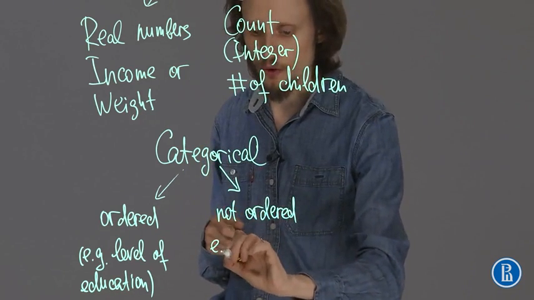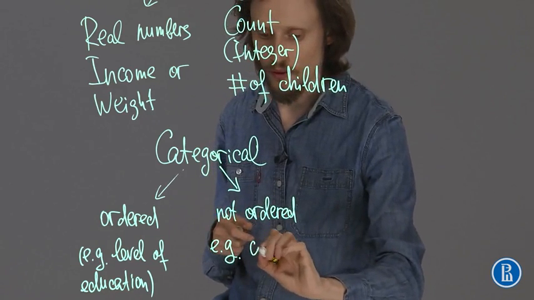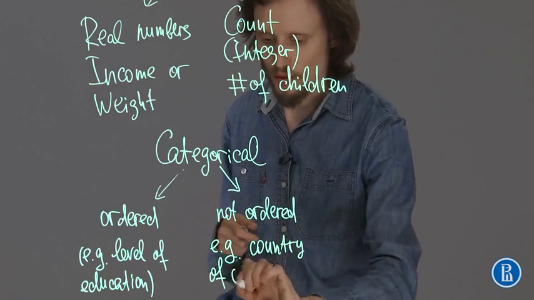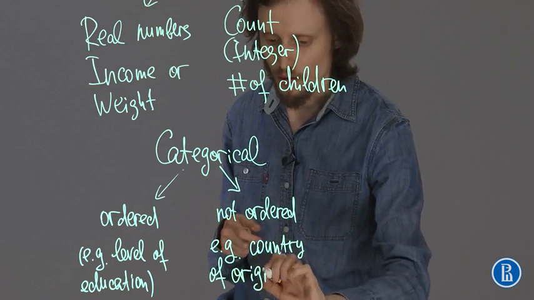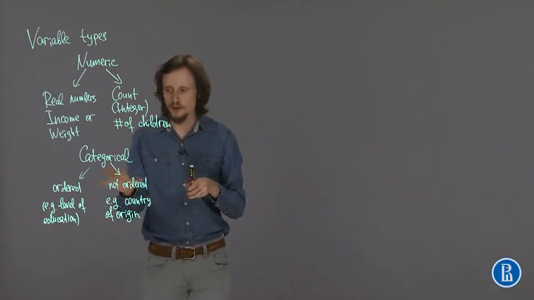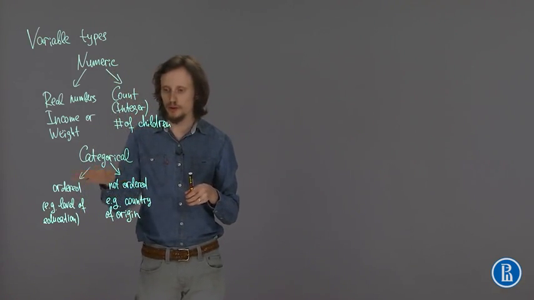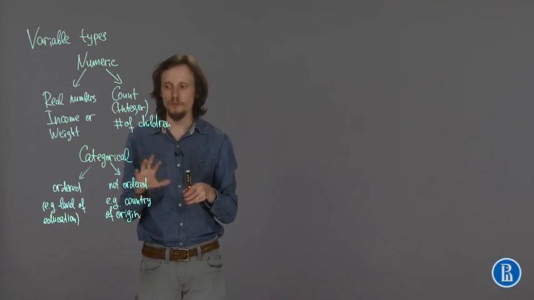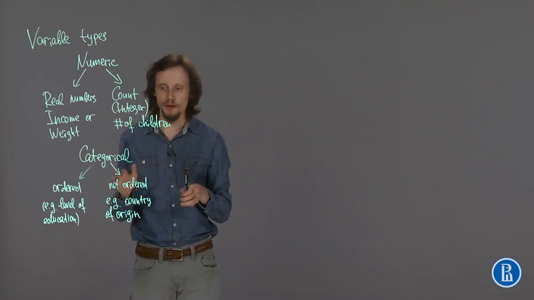For example, country of origin. And there is a subset of categorical variables that can take only two possible values. These are called binary variables. Sometimes it is useful to consider them too.